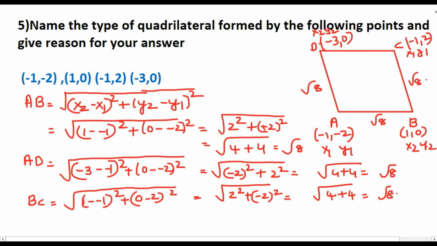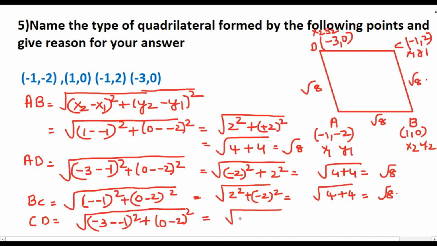Now in this, D I will take as x2, y2 and C I will take as x1, y1. So CD is equal to again (minus 3 minus 1) the whole square plus (0 minus 2) the whole square, which is equal to (minus 3 plus 1) is minus 2, the whole square, plus minus 2 the whole square, that is 4 plus 4 equal to root 8 units.